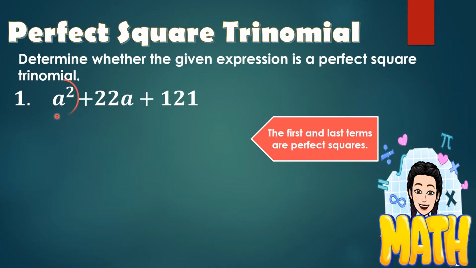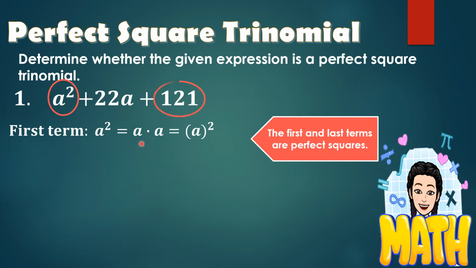So para sa a squared, alam naman natin na ang a squared is equal to a times a, kaya naman ang square root ng a squared ay a. Para naman sa 121, we can express this as 11 times 11. That's why the square root of 121 is 11. Therefore, ang first term natin at ang last term natin ay parehong perfect squares.